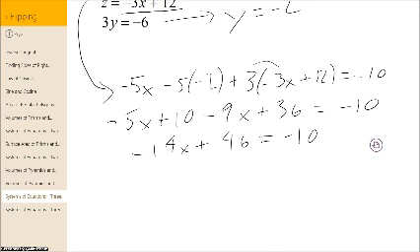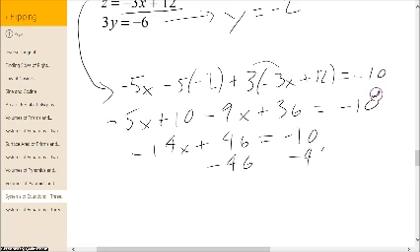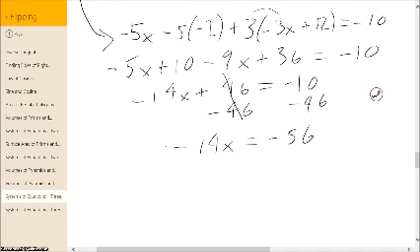Now I need to get rid of this 46, get it over here, cancel. I have negative 14x equals negative 56. And now I need to divide by negative 14, so I get x by itself. That cancels.